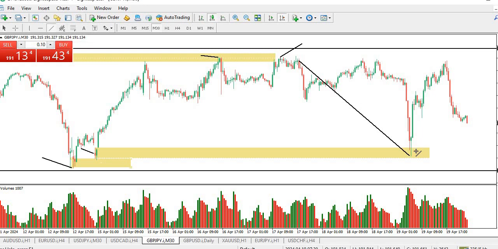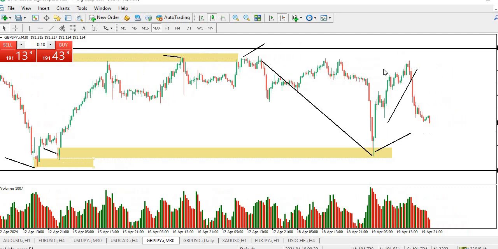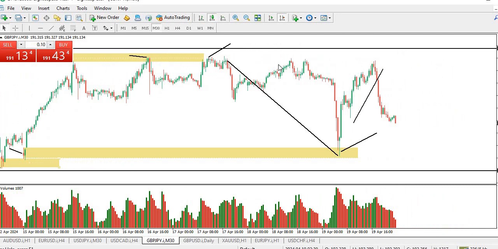And we can see the market came down to this order block, touched this order block, and went to the upside. Can see it.